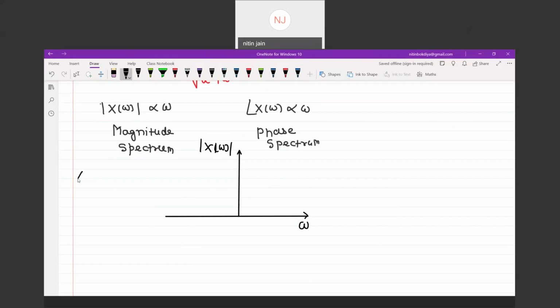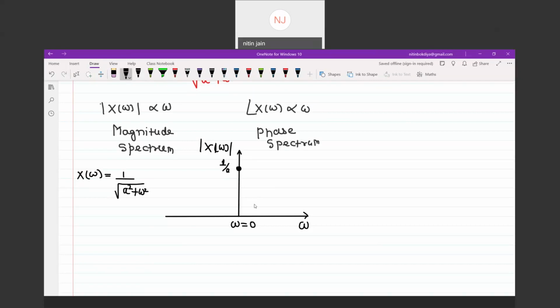You know that X of omega equals 1 divided by a squared plus omega squared. So what is the value at omega equal to 0? The value at omega equal to 0 is equivalent to 1 by a.